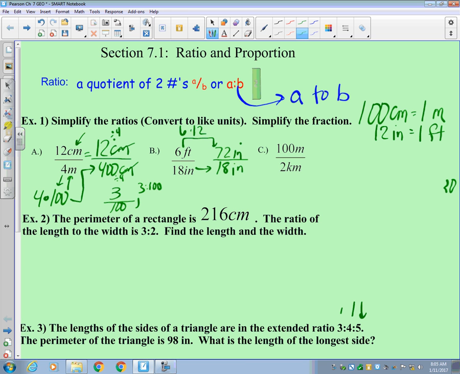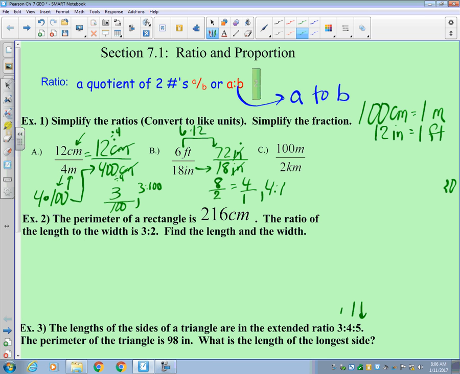Now that we're in the same units, we can put together a ratio. We know that 9 goes into 72 and 18. 9 goes into 72 8 times, and 9 goes into 18 twice. That also reduces down one more time to 4 to 1.